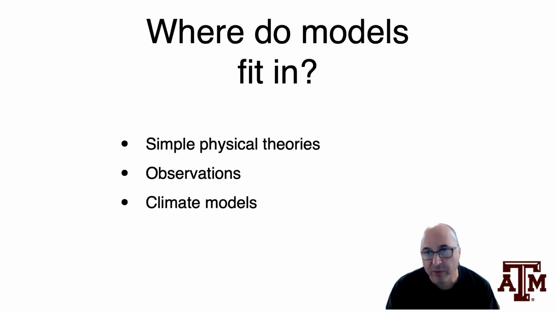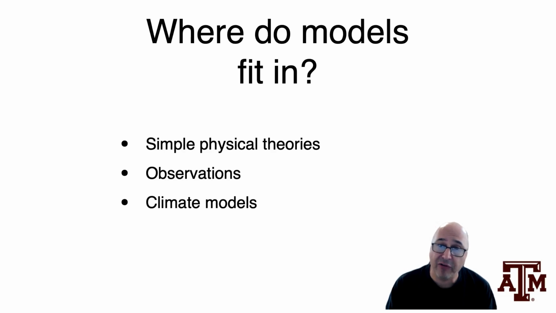The two most important parts are simple physical theories. For example, we understand why if you add a gas that absorbs infrared radiation, a greenhouse gas, you'll warm the climate. That's simple, sophomore-level physics. In addition, observations. We see the climate warming. We see ice melting. We see sea level rising. We see all of these things happening in the observations.